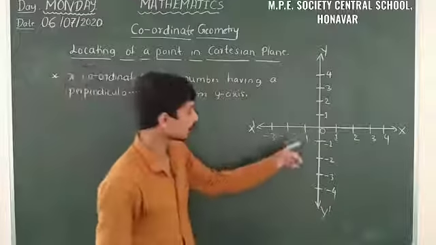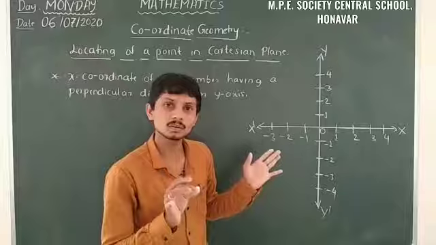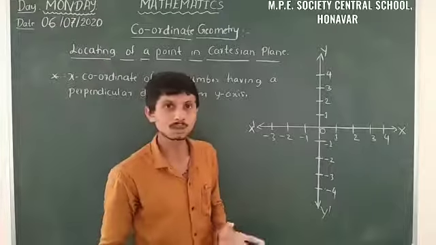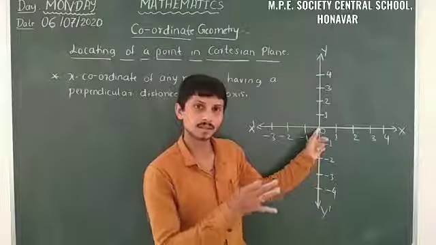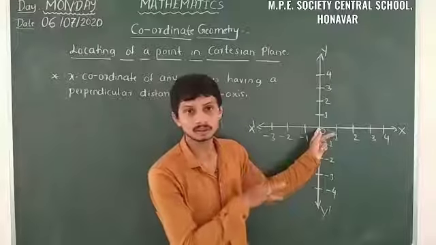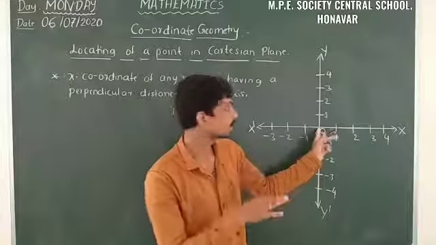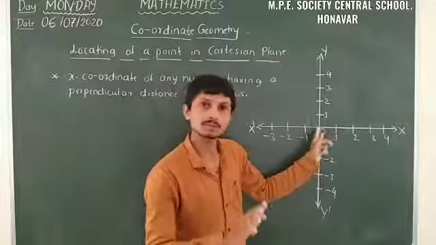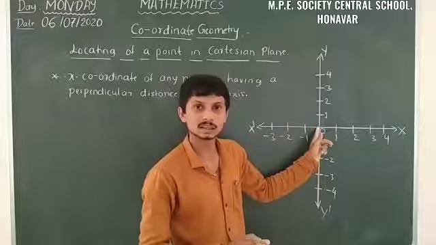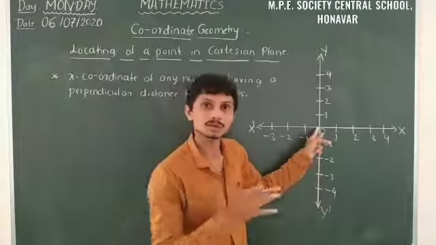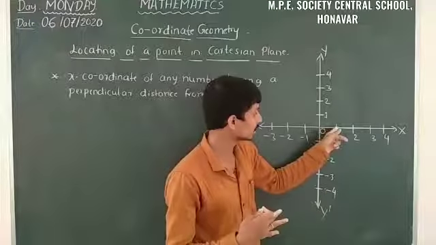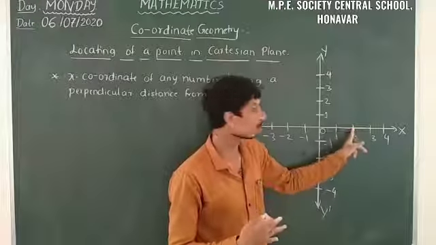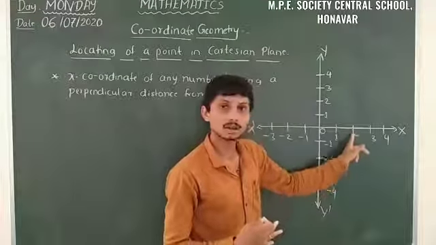If I locate the x coordinate of 2, I start from the origin, where the x coordinate is 0. We have to go the perpendicular distance from the y axis, up to the x coordinate of 2 here.